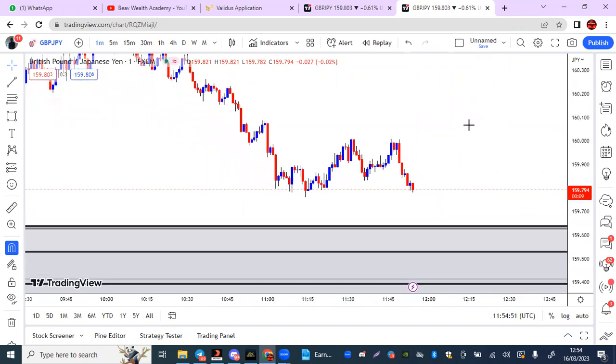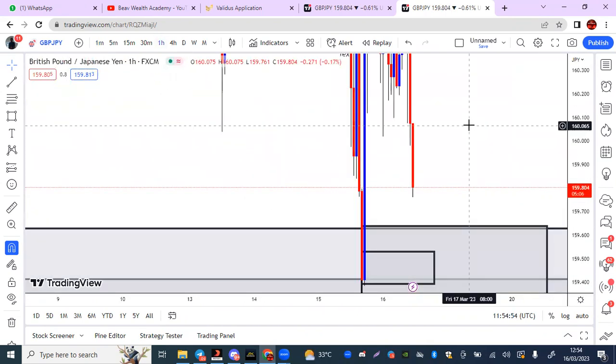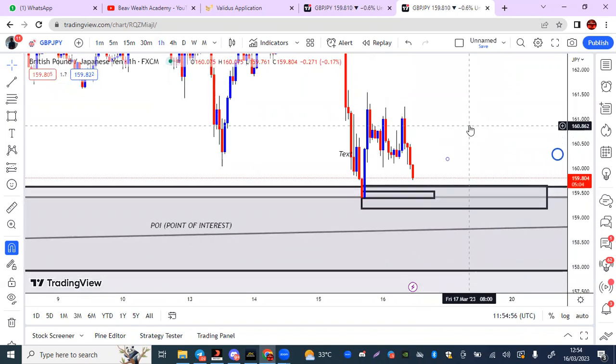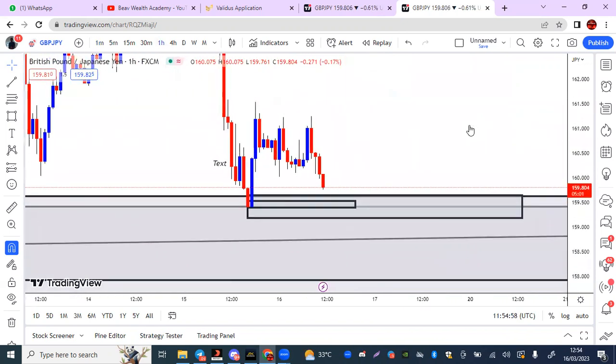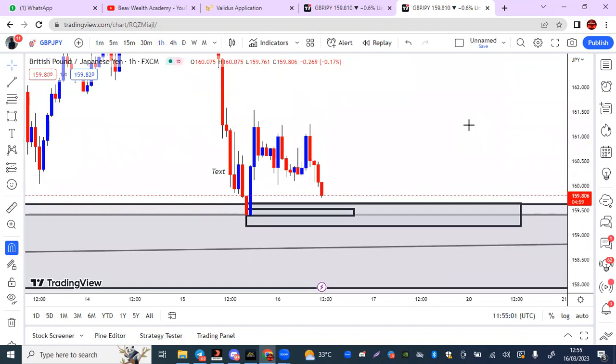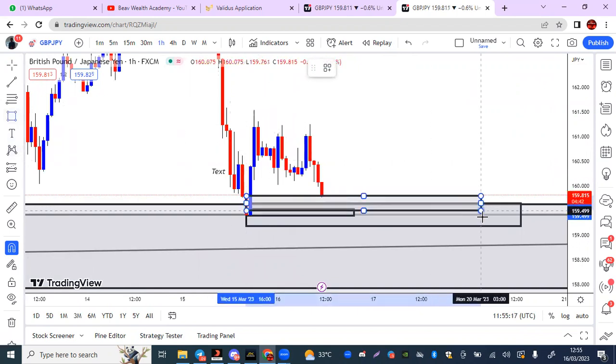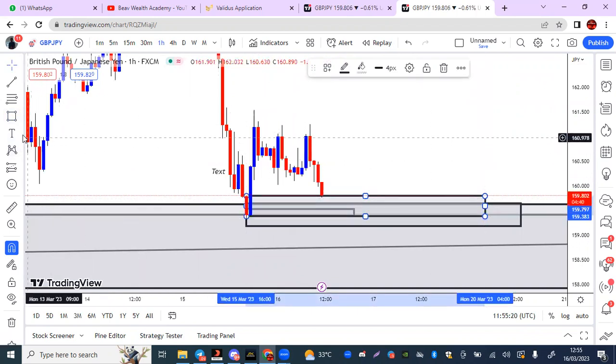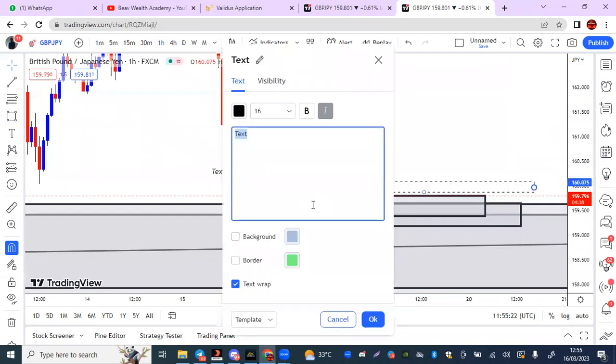Let price come here and take a trade decision. One hour demand zone.